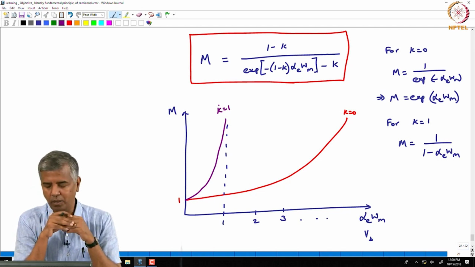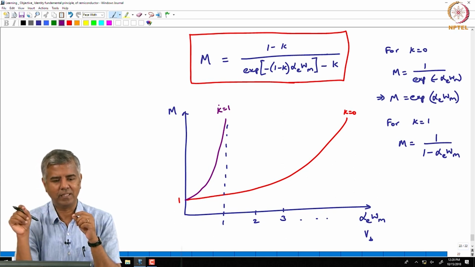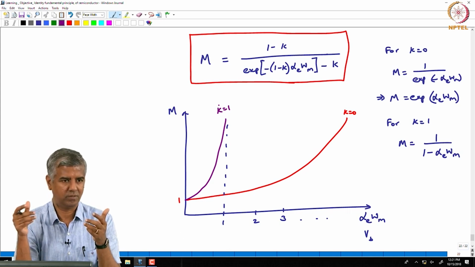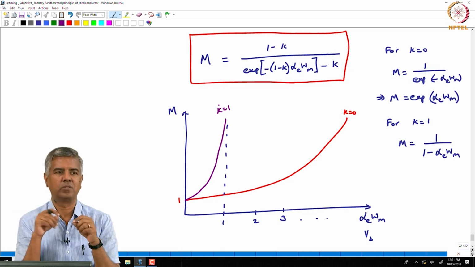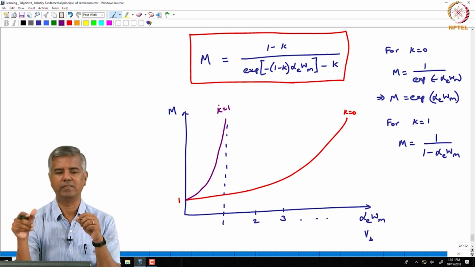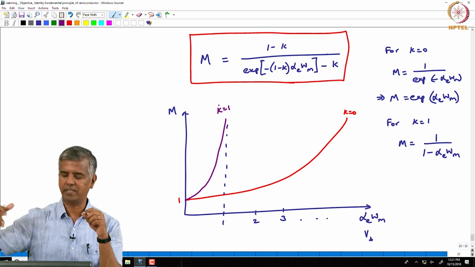But the problem is, every time we talk about creating an avalanche, we are talking about a statistical process. It is not like one electron is going to hit this atom and then that is going to hit another atom and that is going to hit another atom.